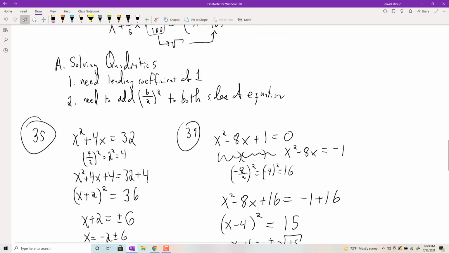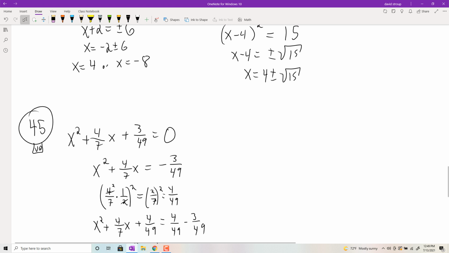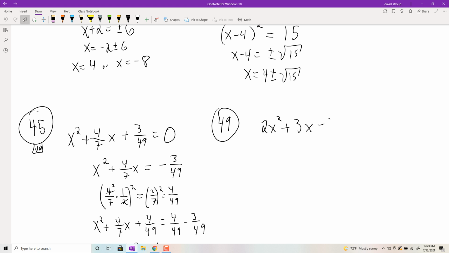Let's look at one of these ones where I said you need a leading coefficient of 1. Right. So let's look at one of those. So 49. 2x squared plus 3x minus 5 is 0. So first I'm going to move the 5 over. Then I need the leading coefficient of 1. So I'm going to divide everything by 2. It's essentially multiplying both sides by 1/2, but it's the same as dividing everything by 2.